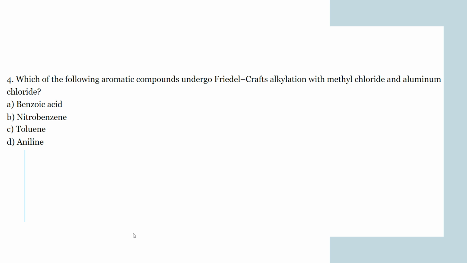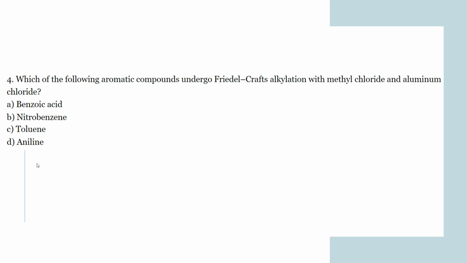You are being asked that methyl chloride and AlCl3 is given in the reaction condition, and out of all these possible substrates given in the options, which one will undergo Friedel-Crafts alkylation? So before knowing the answer, you must remember the reaction conditions and reaction mechanism for Friedel-Crafts alkylation.